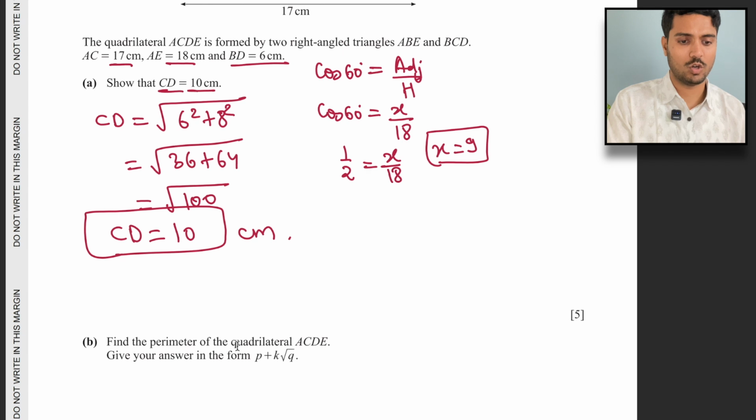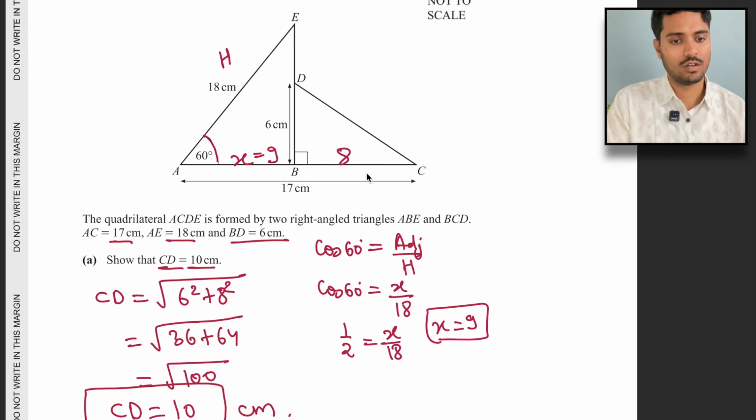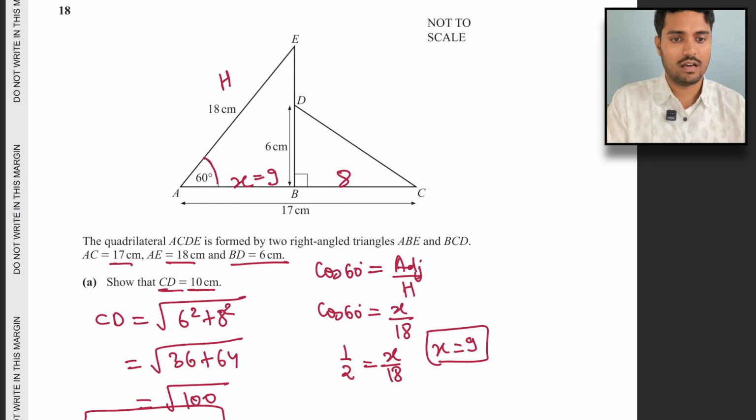Let's check the second part. It says find the perimeter of the quadrilateral ACDE. Give your answer in the form of P plus K root Q. So in this case, we have all the lengths here. We have this length 18, this is 17, this is 10. Only this is unknown. Let's mark this as x.